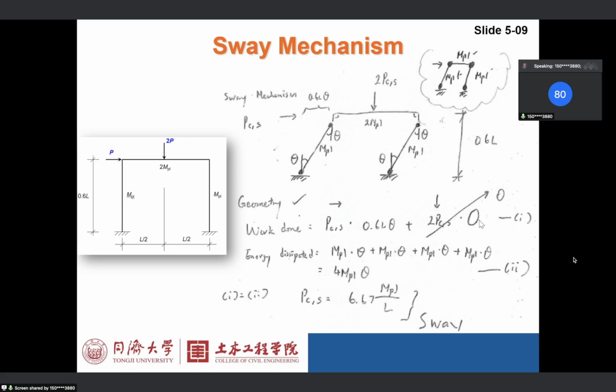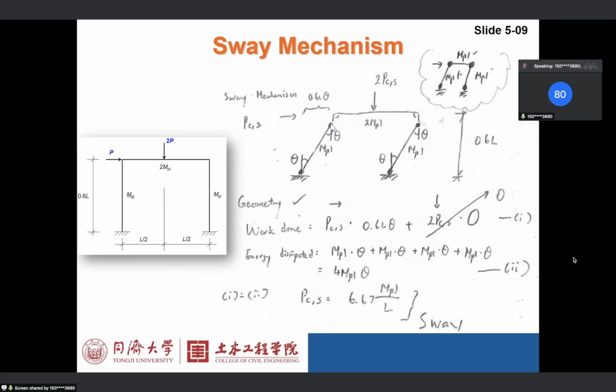The vertical displacement is 0 for a sway mechanism, so there is no work done by the vertical load 2P. So this is the work done in this case. Similarly, the energy dissipation is MPL times delta plus MPL times delta, because this is a column.